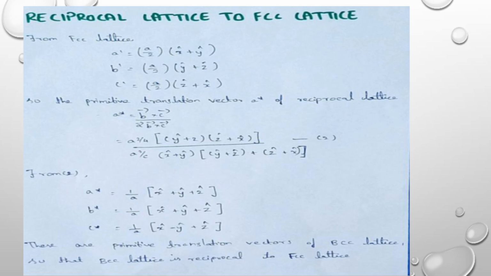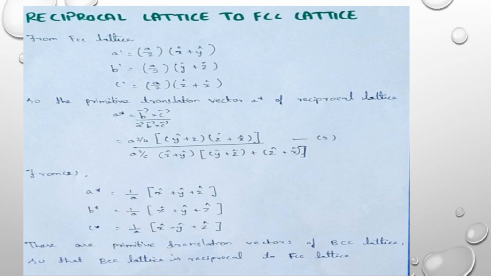So the primitive translation vector: reciprocal lattice A star is equal to B vector cross C vector by A vector dot B vector cross C vector, which is A power 2 by 4 (y vector plus z vector plus x vector) by A power 3 by 4 (x vector plus y vector plus z vector).